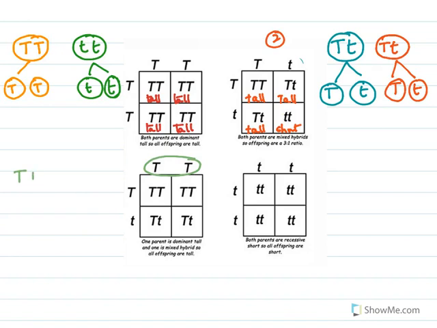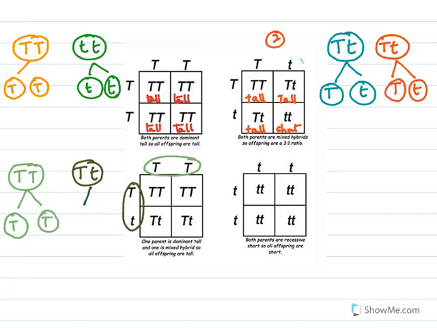Here's another cross between a pure, this is a pure TT, with a mixed, that is capital T, small t. So here the gametes in this case would be capital T, which they have put, and these gametes would be T and t, and they put the gametes here.